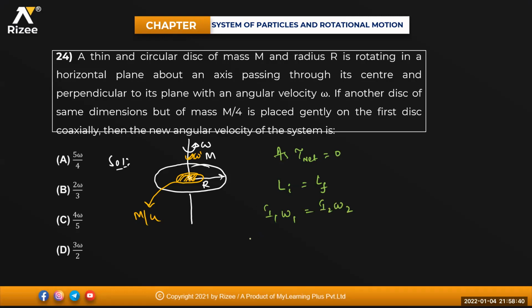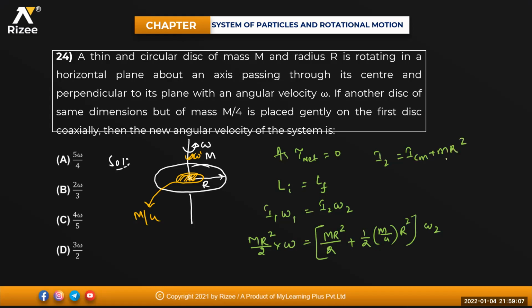Circular disk now, so moment of inertia will be equal to M R square divided by 2 into omega. Must be equal to moment of inertia for this one: center is M R square divided by 2 plus half into mass of this one, M by 4, into R square, into omega. Why? Because I2 is moment of inertia about the center of mass plus mass into R square.